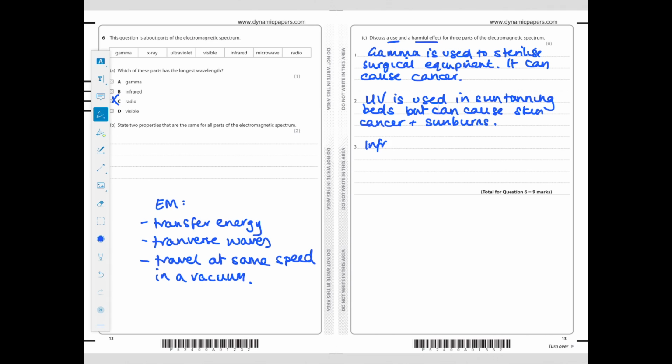Next up, infrared. It doesn't matter which ones you use, by the way, these are my favourites. So infrared is used in remote controls, so it's a type of communication, but it also is used in cookers because remember infrared is just all about heating, so it can actually cause burns.